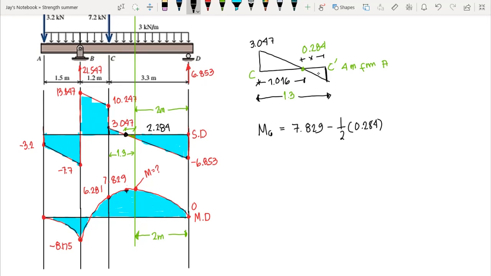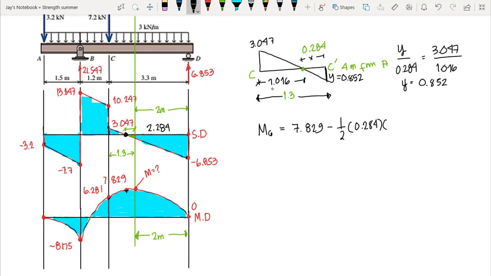We do not have this height yet, so we can use ratio and proportion. Let's say this is y. Y is to 0.284 is equal to the height of this triangle, that is 3.047 over 1.016. And the height of our small triangle is equal to 0.852. So therefore, we have 0.852 as our y.